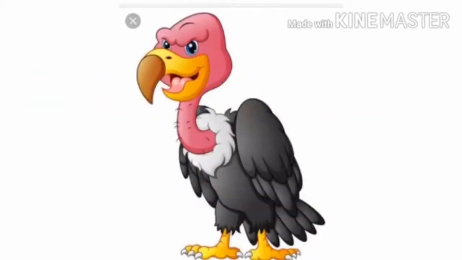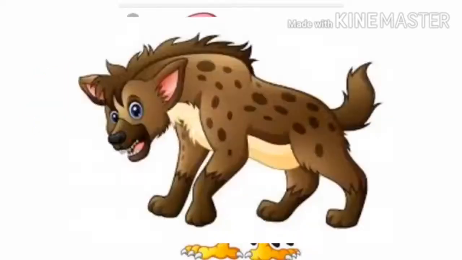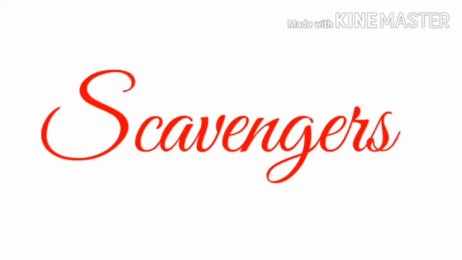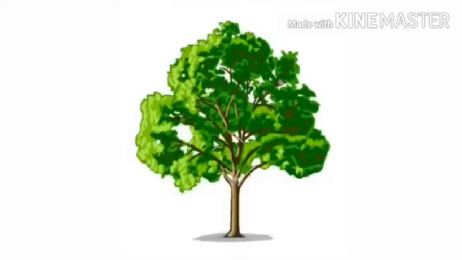Some animals like vulture and hyena eat flesh of dead animals. Such animals are called scavengers. Plants are the only living things that make their own food.